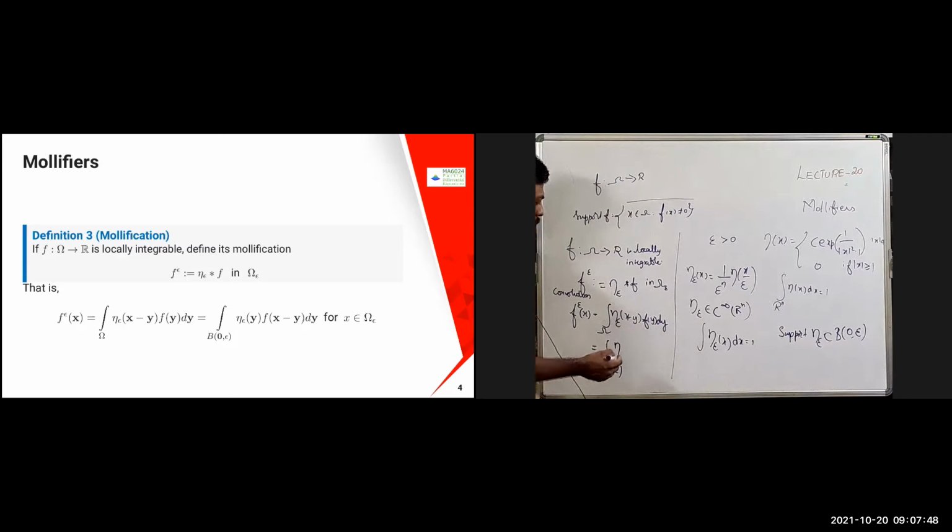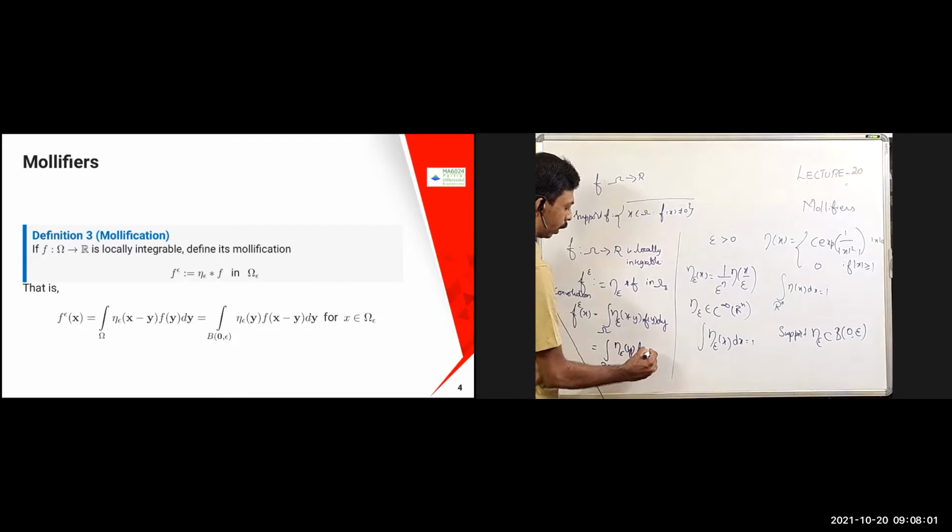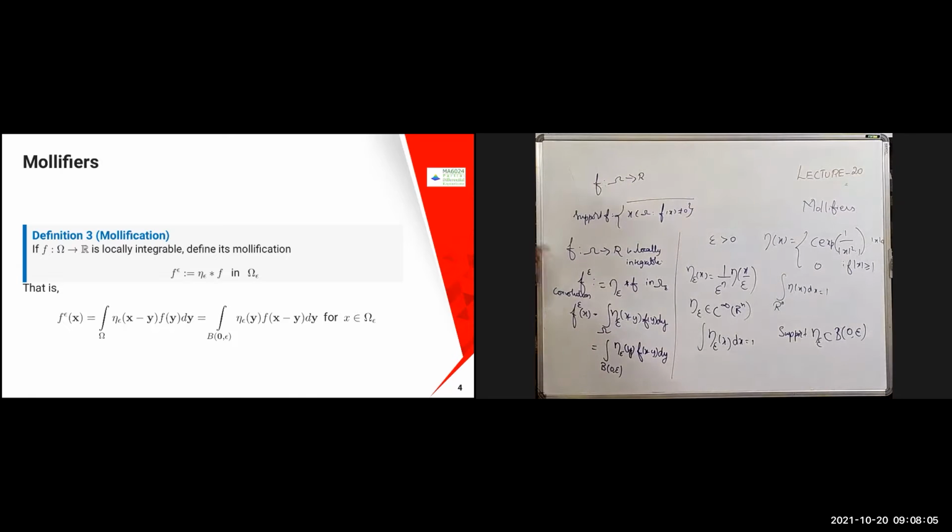So I can write this as eta epsilon of y into f of x minus y into dy. Both are going to be the same. This is equivalent, or equal. You can prove that these two are equal; that is a property of the convolution.